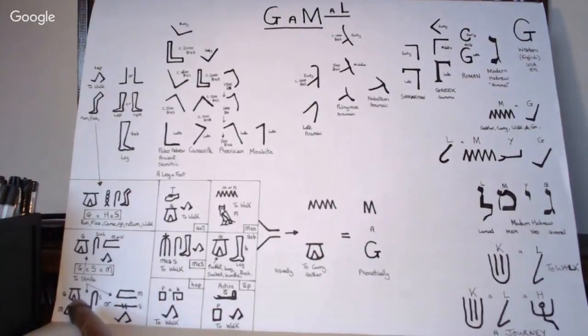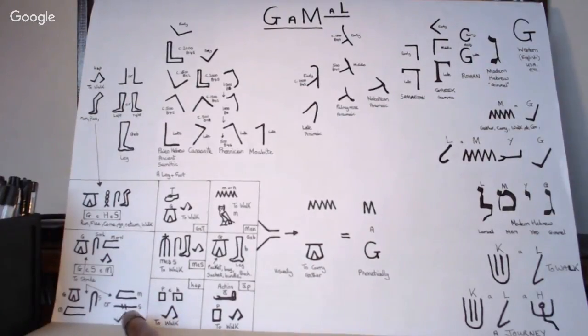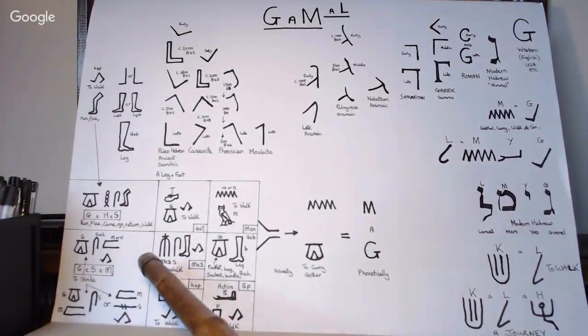And there are some different variations of what that actually looks like, because they laid it out differently, but that group of symbols means that word there.